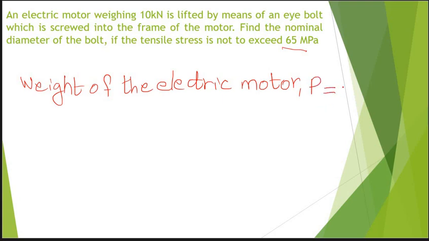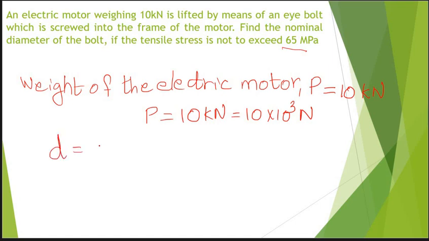P equal to 10 kilonewton, that is 10 into 10 raised to 3 Newton, is the external load. And we have to find the nominal diameter of the bolt, that is, we have to find D. D is the nominal diameter.